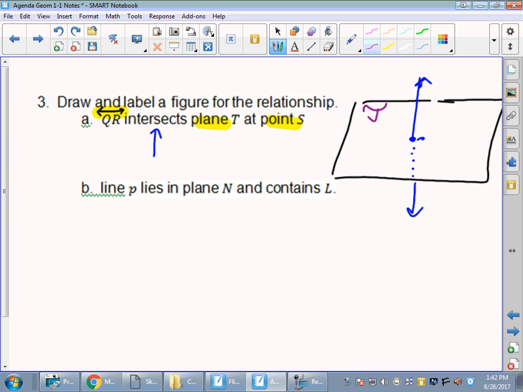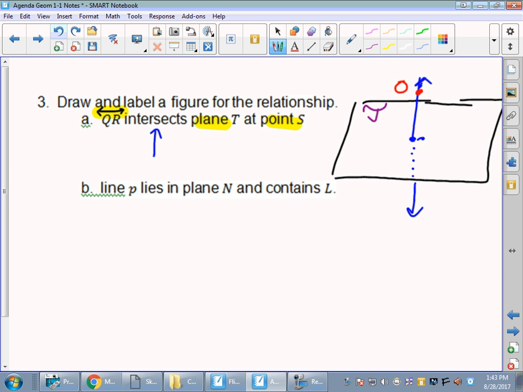Got to put my line mark on there. So QR is the line, so that means maybe a Q is here. I'm struggling. Okay, I got this. There's the rest of my plane.